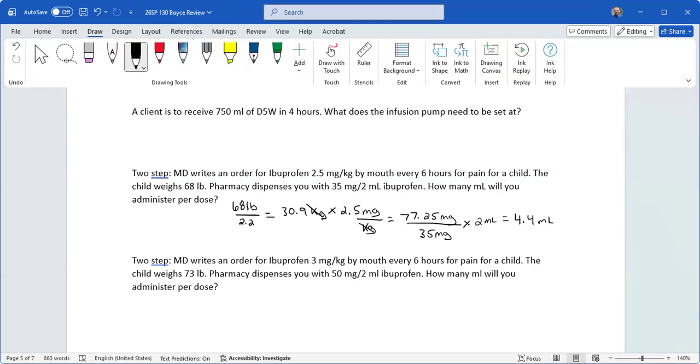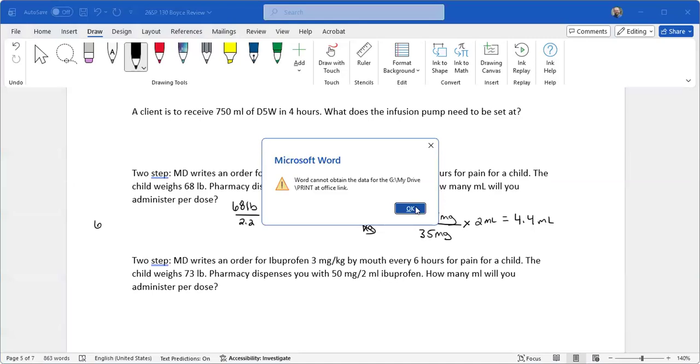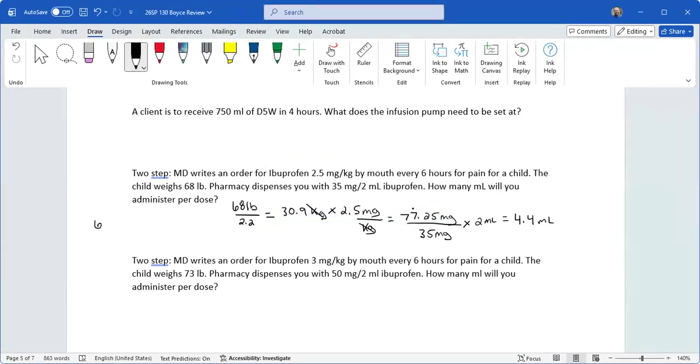If I was doing this where I was concerned about the rounding, I would take my 68 pounds divided by the 2.2, and that's my pounds to kilograms. Well, I might as well represent this the right way.